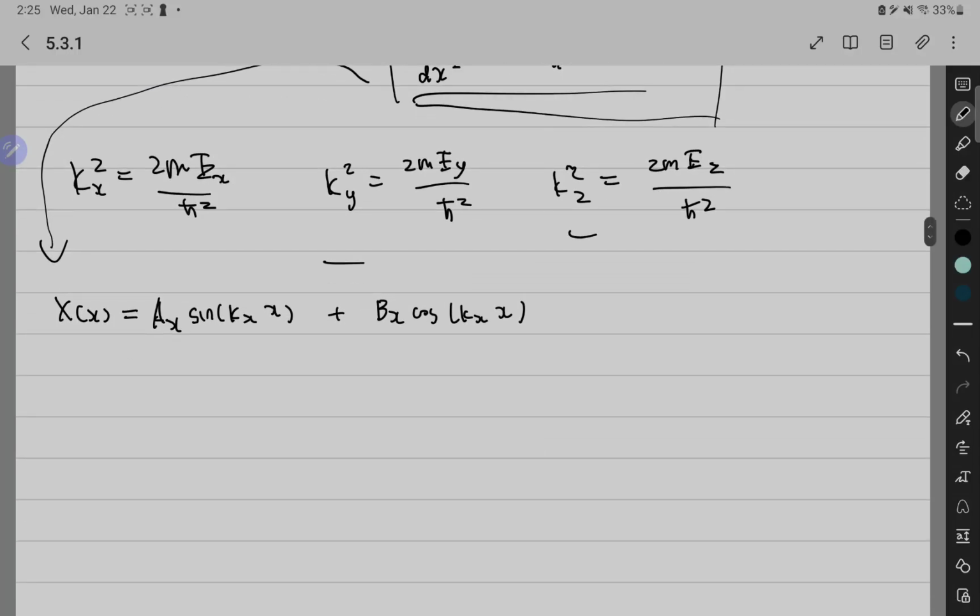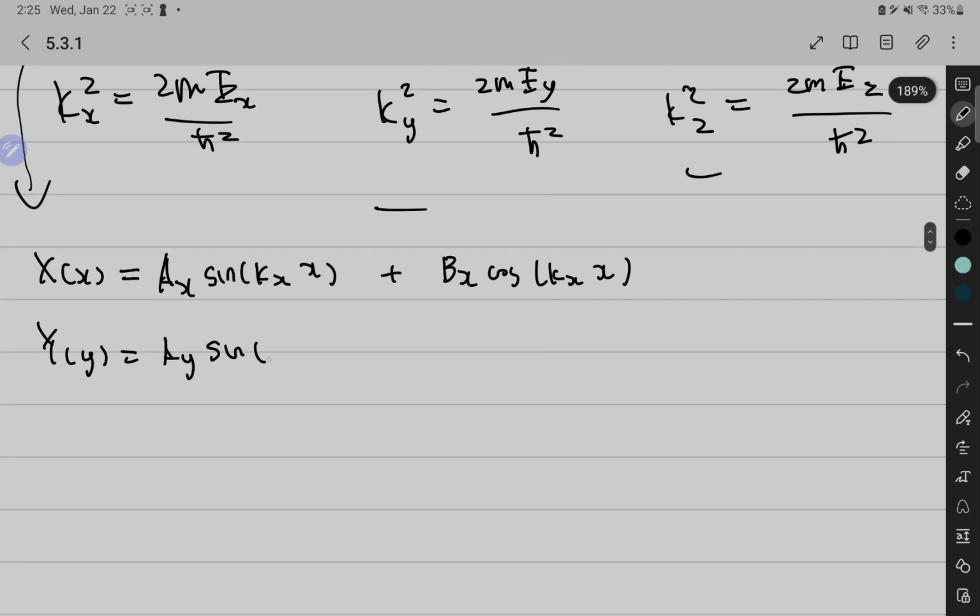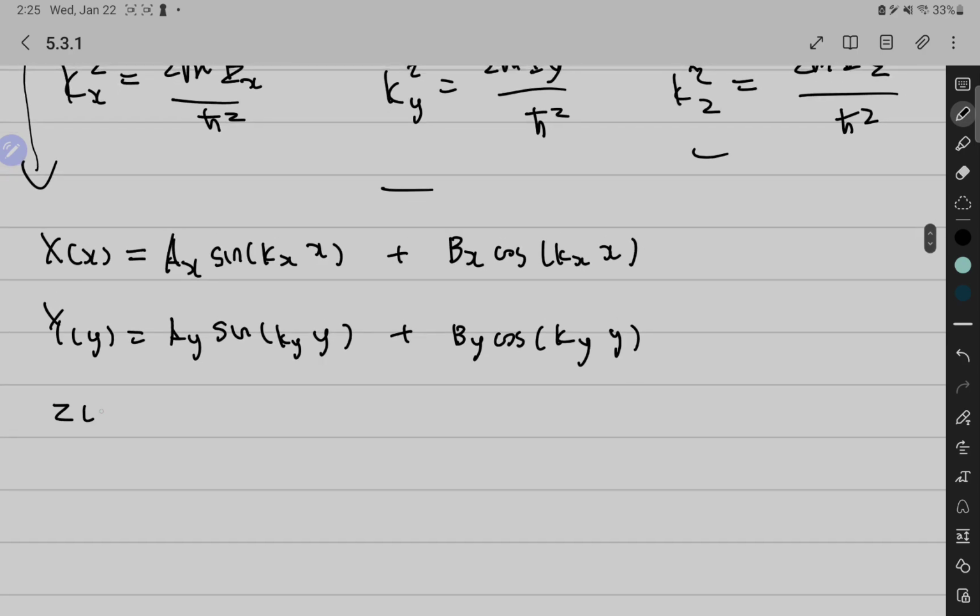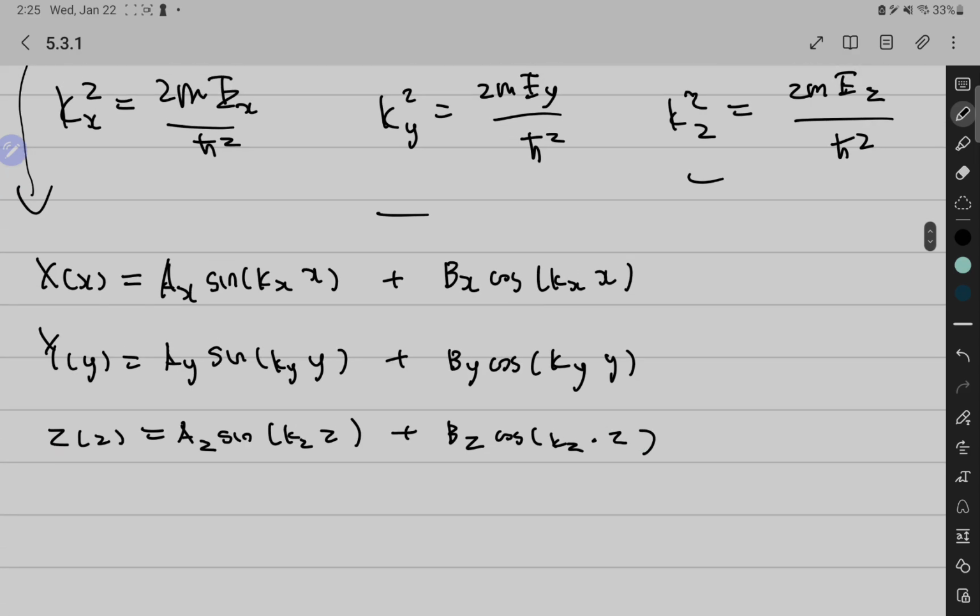So for y, it's going to be Y is equal to Ay sine ky y plus By cos ky y. For z, it's going to be the same thing. This is much more convenient than doing each one of them again. Since you understand what I did for x, the same logic follows for y and z, so Z is Az sine kz z plus Bz cos kz z. So we have these three formulas.